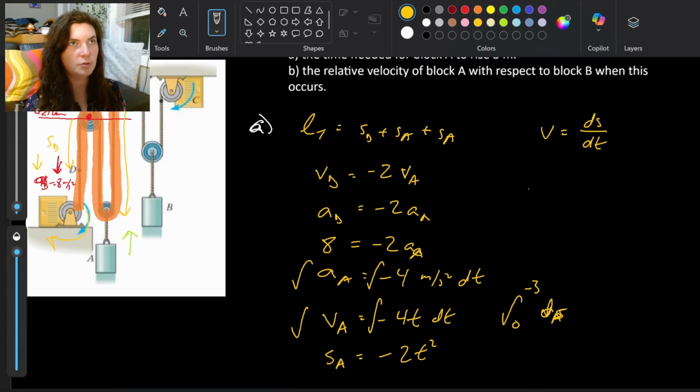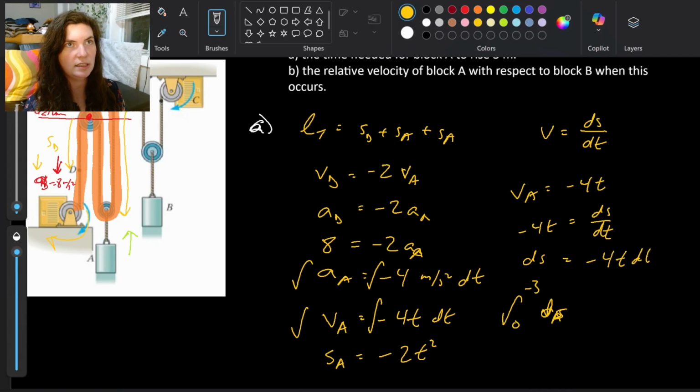If I put it in these terms, where VA equals negative 4t, you can think about it like this: negative 4t equals ds over dt. And so ds equals negative 4t dt. This is what I'm doing over here when I'm taking this integral and getting the position of A equals negative 2t squared. But sometimes it helps to write it out like this. You can visualize it a little bit better.